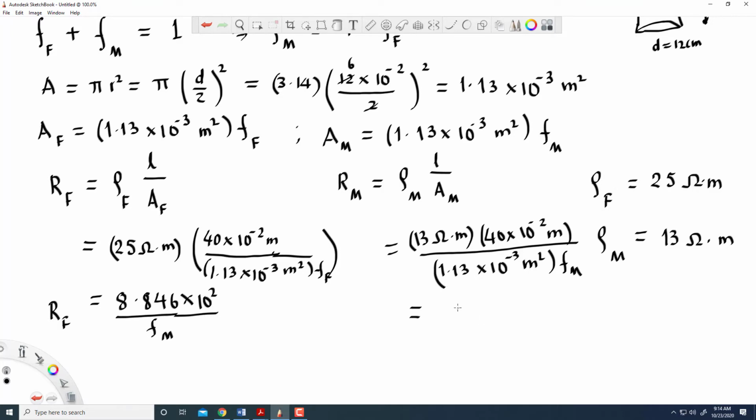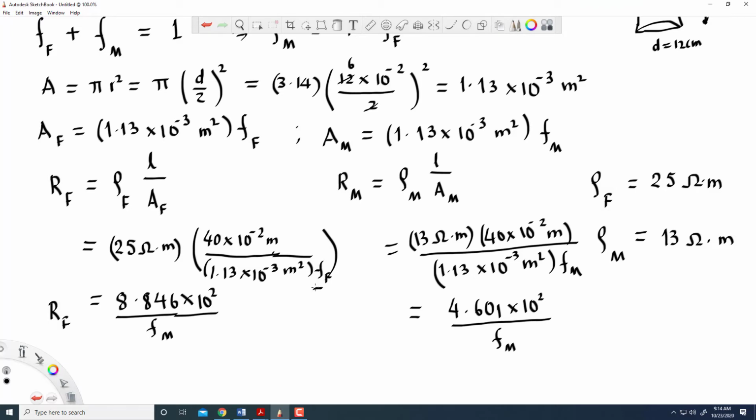So that gives me 4.601 times 10 to 2 over Fm. This one is not Fm, this is Ff, okay, fraction of the fat.